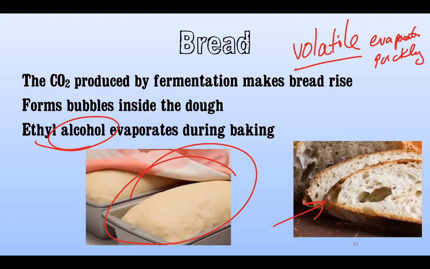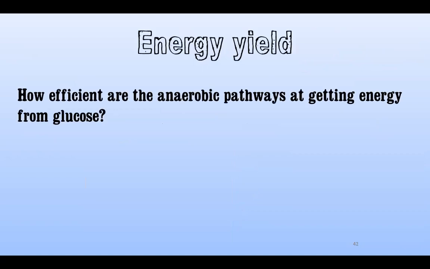And then you let it sit. That's called rising. Because of the CO2, you see that the dough gets really puffy. And then you bake it, and that's where you get these holes. That's from the CO2. And of course, the alcohol evaporates when you put it in the oven. Alcohol evaporates quickly.